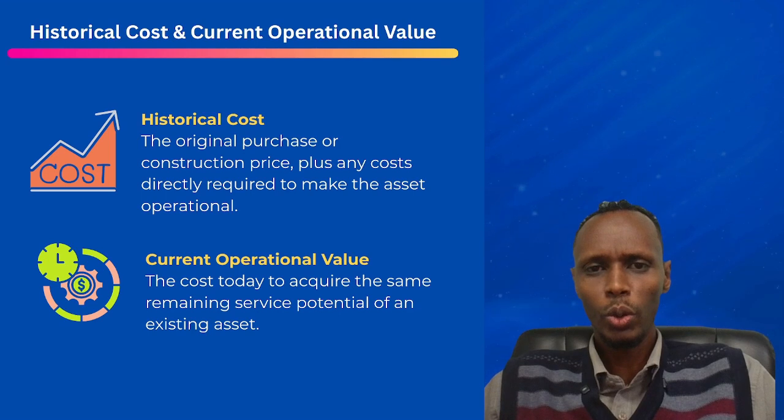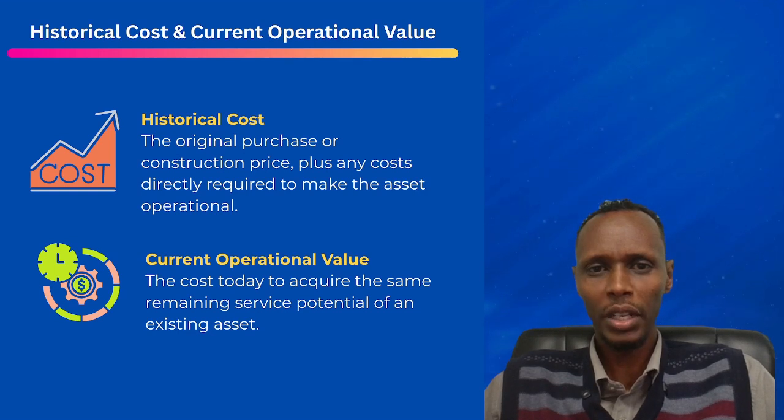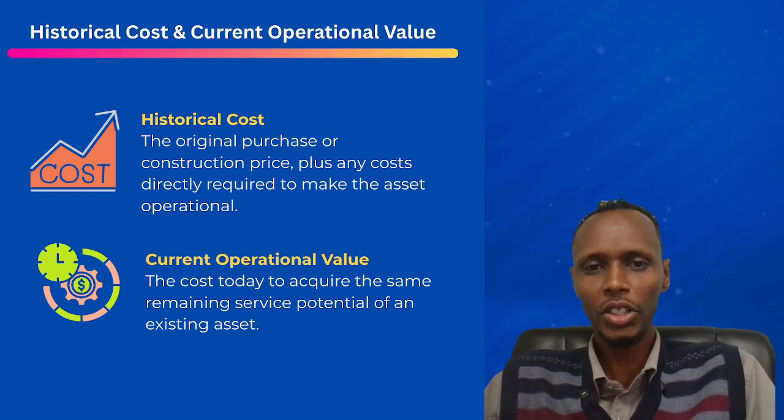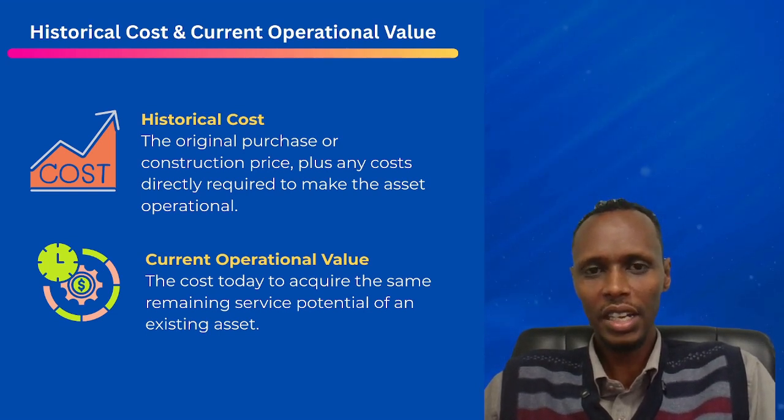If you can build it for 50 million, and you have used that asset for 20 years, you take the 50 million and depreciate it over 20 years. That is what we call current operational value.